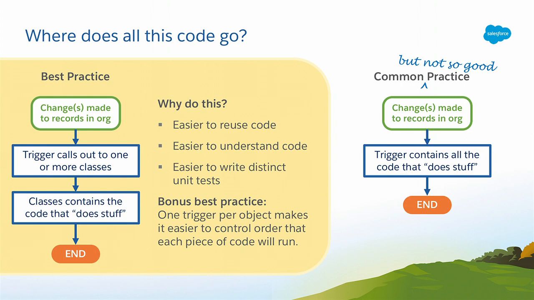The other thing is it's much easier to understand if you've got more atomic, smaller pieces of code that do one thing instead of all the things. And you may have heard about unit tests. Unit tests are code that you write, or the developer writes, to make sure that your code is doing what you want it to do and not doing something else.